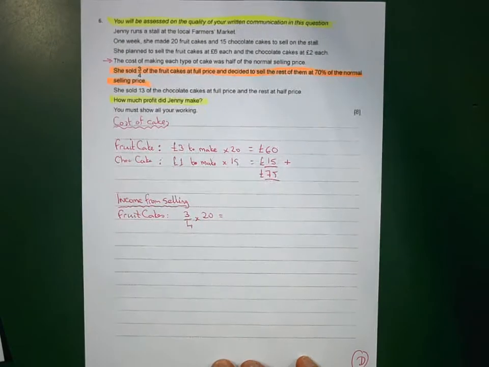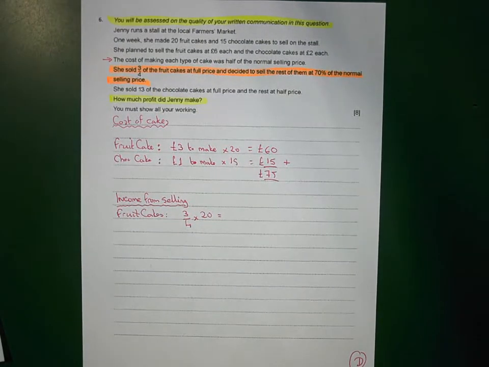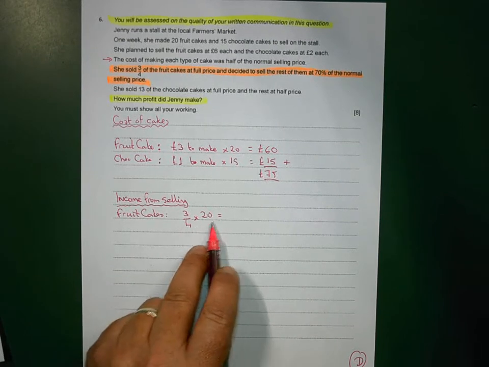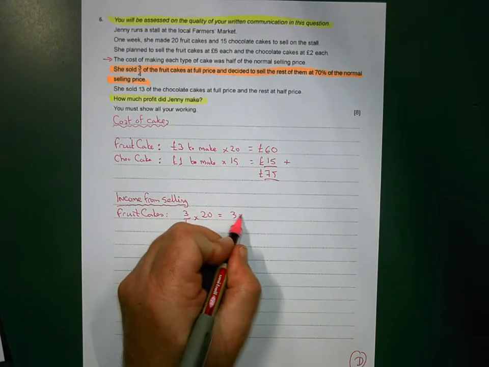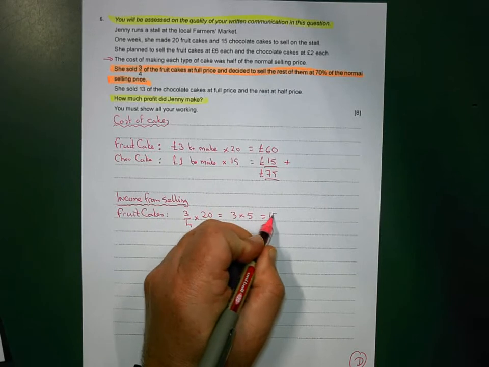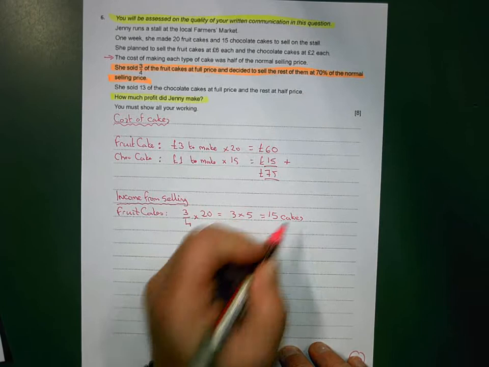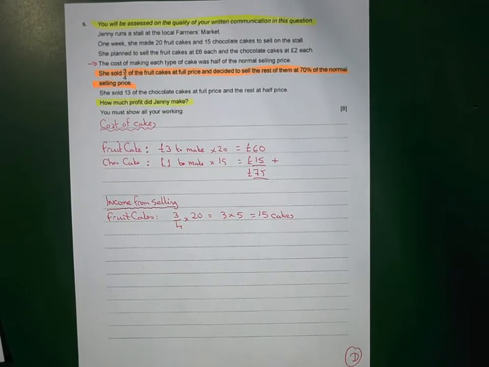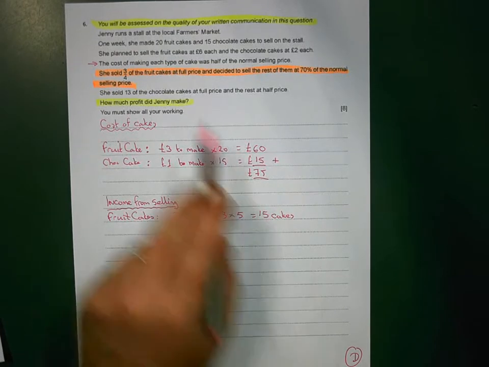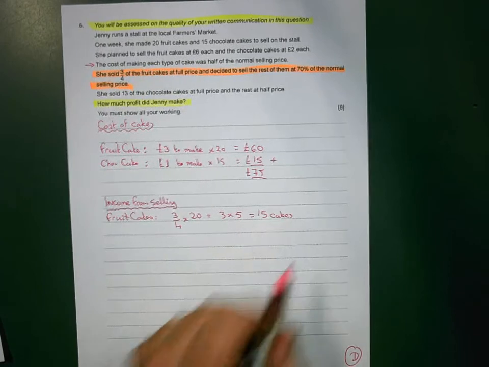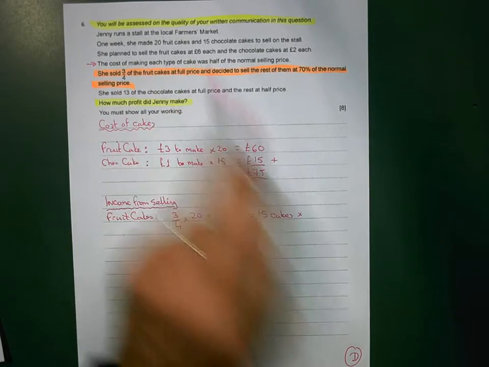Well, 1/4, you're going to divide by 5. Sorry, no you're not. You divide by 4 and get 5. So 1/4 is 5. So 3/4 is 15 cakes. So she's going to sell 15 cakes at full price, which is £6 each.